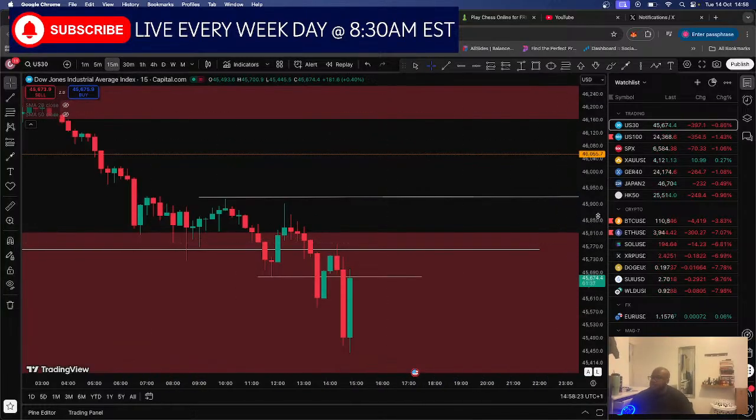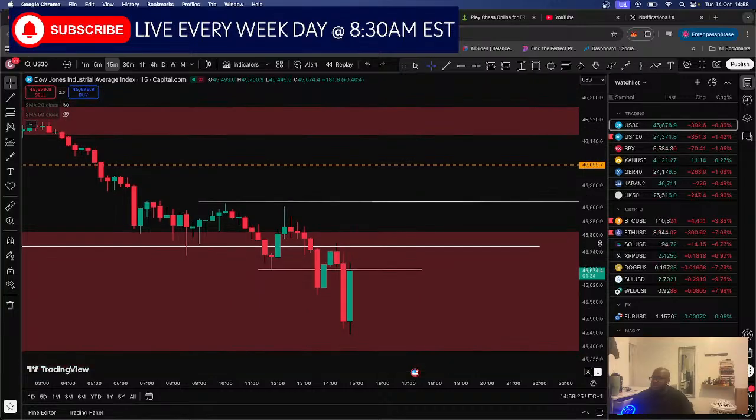Got back onto the 15. See if we can get a big push into the close of this candle. I think given the size of this candle and the fact that we're closing above our liquidity area, I'm gonna get long on the close of this candle.